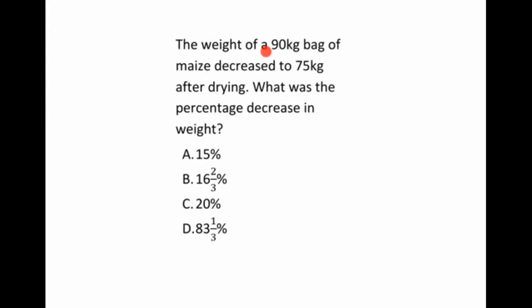The weight of a 90 kilogram bag of maize decreased to 75 kilograms after drying. What was the percentage decrease in weight? Solution. We are told that the weight of a 90 kilogram bag decreased to 75 kilograms after drying.